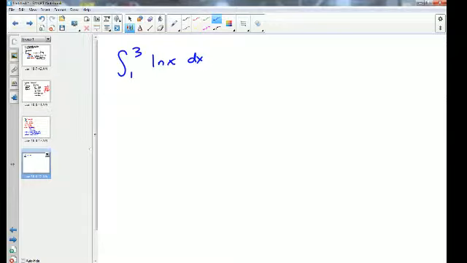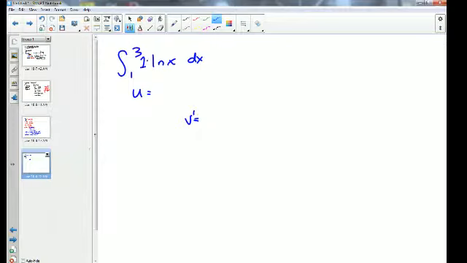So this is an integration by parts problem. Is that natural log x going to be u or v prime? That's the question. What's the other function here? 1.